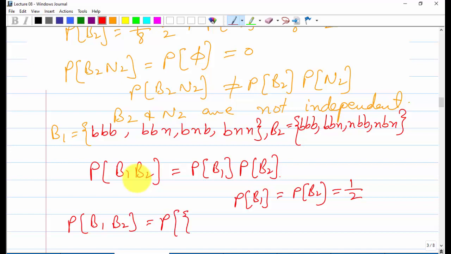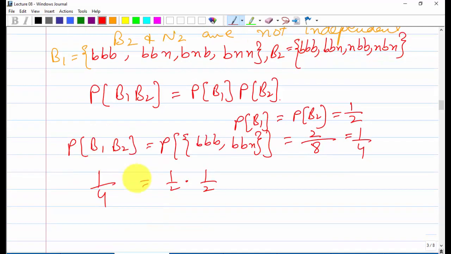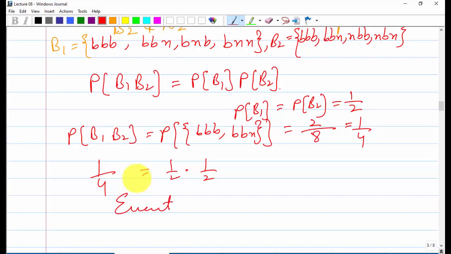The intersection will be BBB, BBN, and that's it. So that probability will be 2 over 8, which is 1 by 4. Putting in the relation, 1 by 4 is equal to 1 by 2 times 1 by 2. So it means that events B1 and B2 are independent.